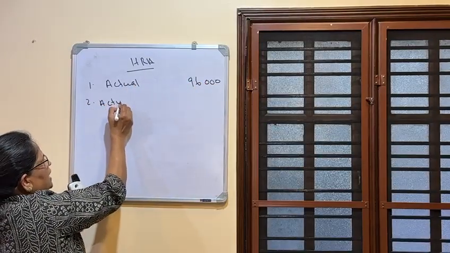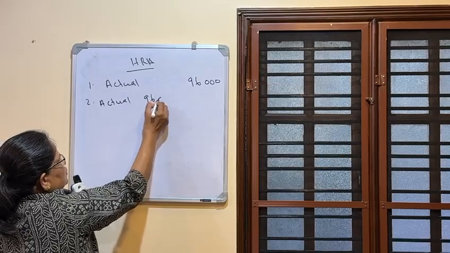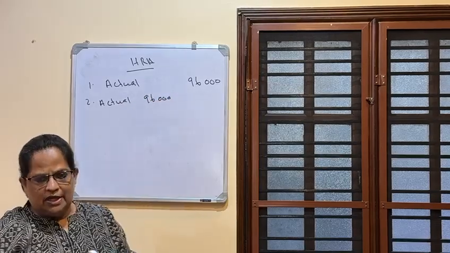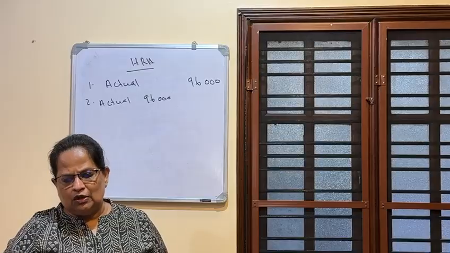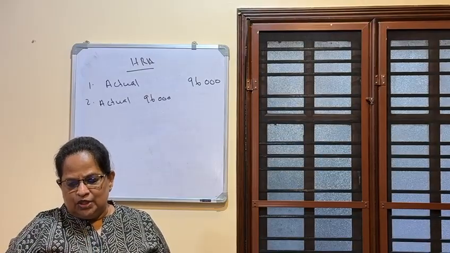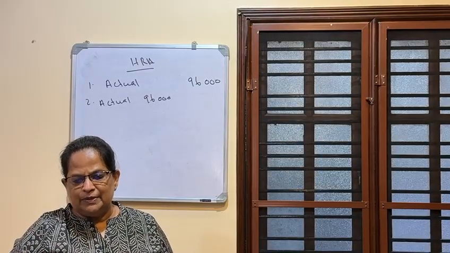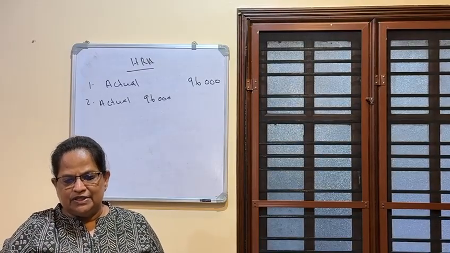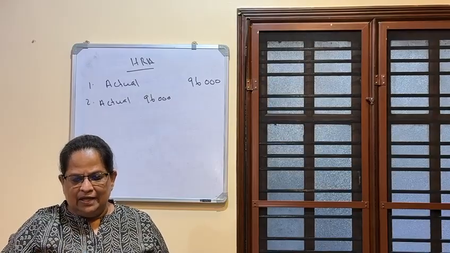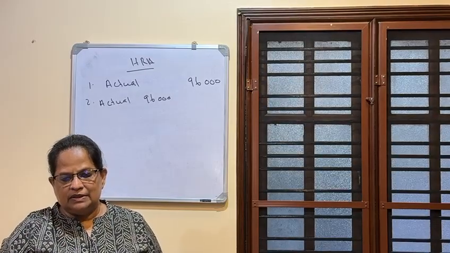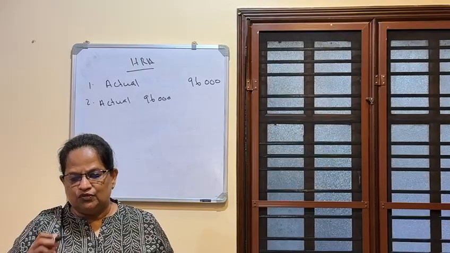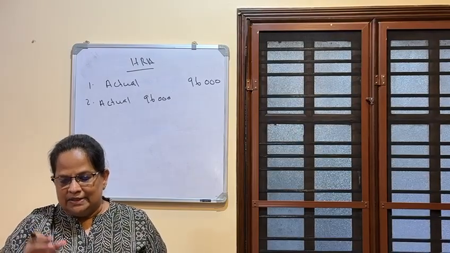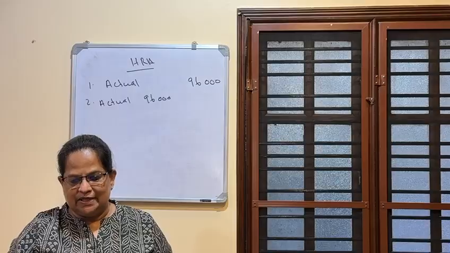Here also you will get actual, that is 96,000. Next is 50% of the salary because he is working in a metro city, Kolkata. Calcutta is a metro city. So 4,80,000 is the salary for computation of HRA.